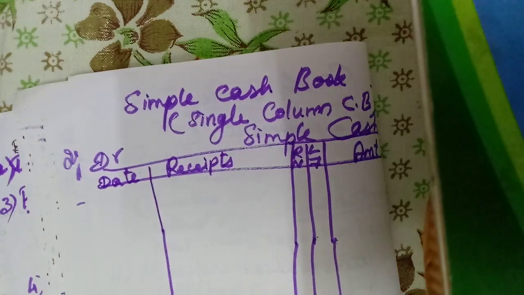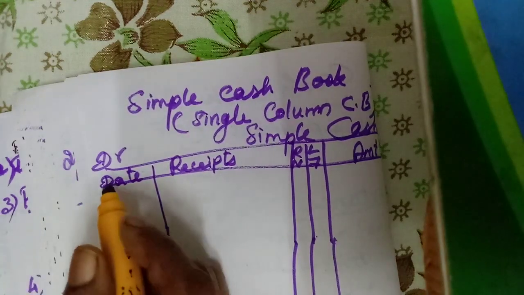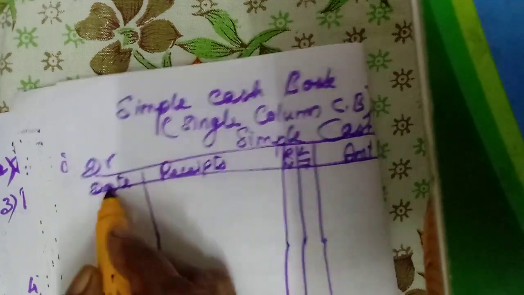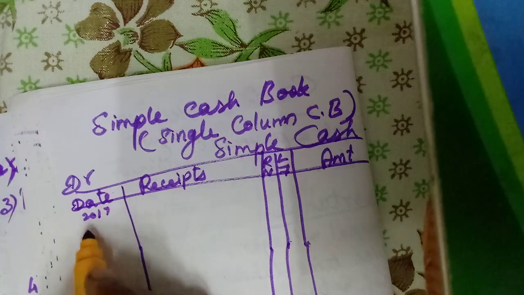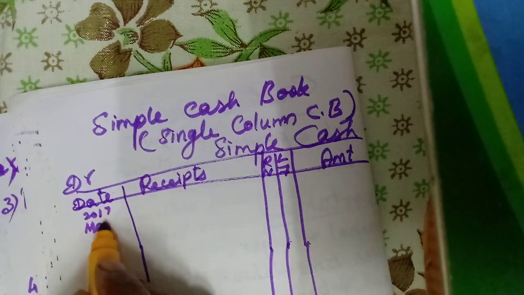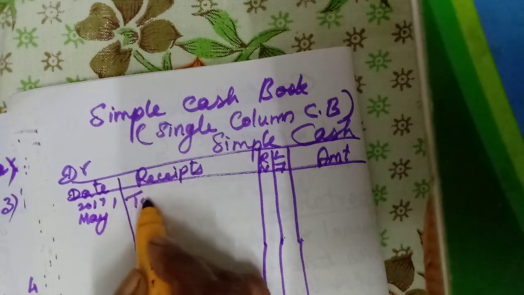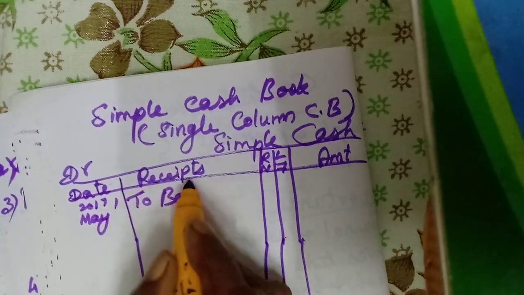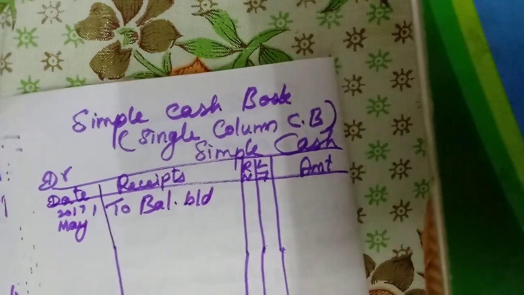First one, cash in hand, isn't it? Date 2017, May 1. Cash in hand, how we should write: to balance brought down, 40,000.